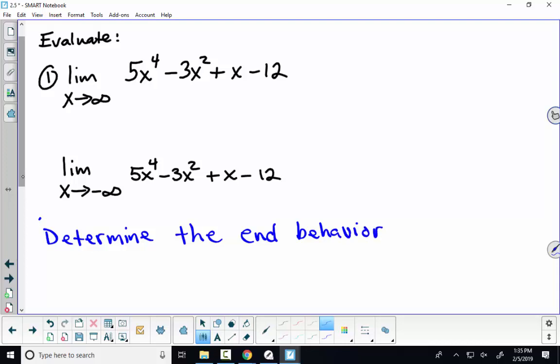So determine the end behavior is equivalent to computing a limit at infinity on whatever function you're dealing with. Some questions might say determine the end behavior, then it's up to you to compute the limit at infinity and at negative infinity.